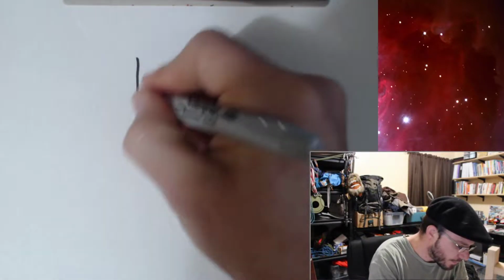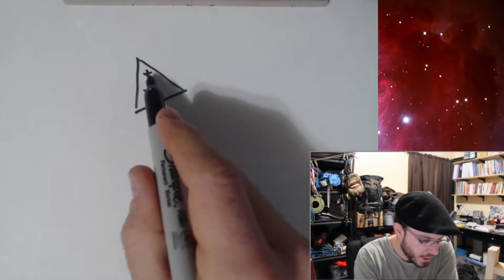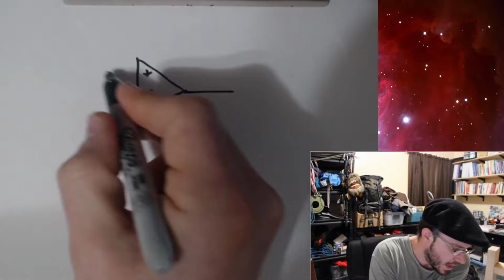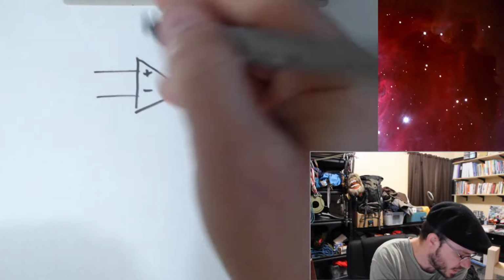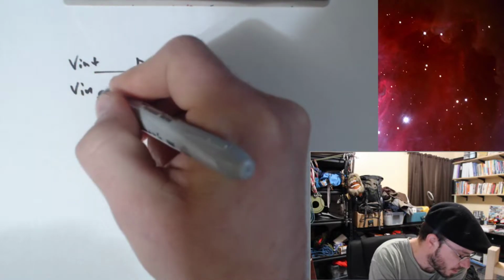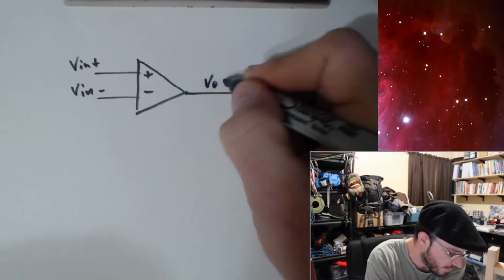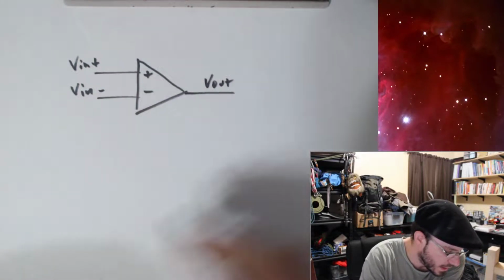If you think about it, take an op-amp, we have a non-inverting input, an inverting input, and when we give ourselves, say, two voltages here, let's just call this V in plus and V in minus, and you look at V out, we do have a difference between these two.